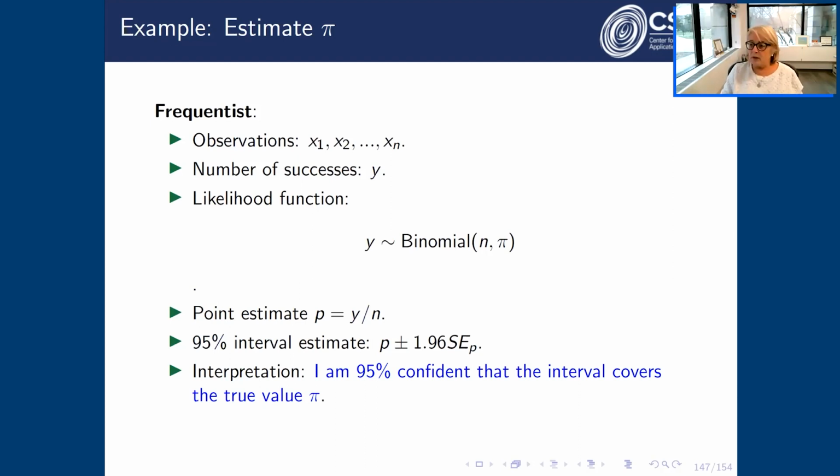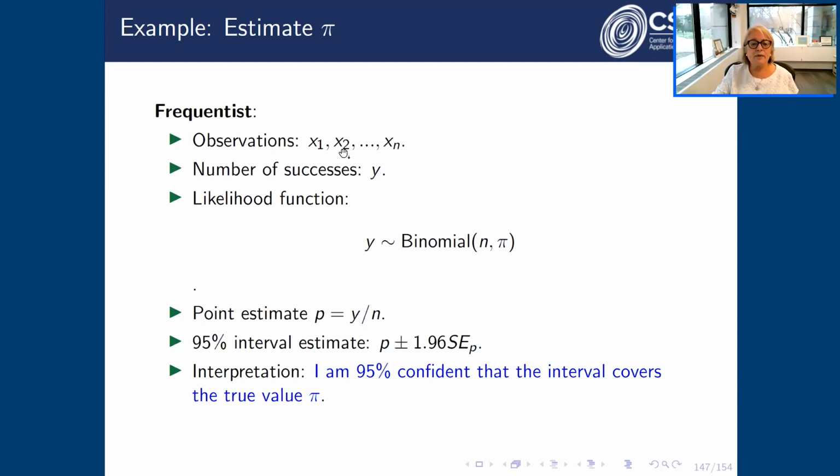The simplest possible case: we have a large population. We want to estimate the population proportion of some attribute. Let's suppose I draw a sample of size n from that population.